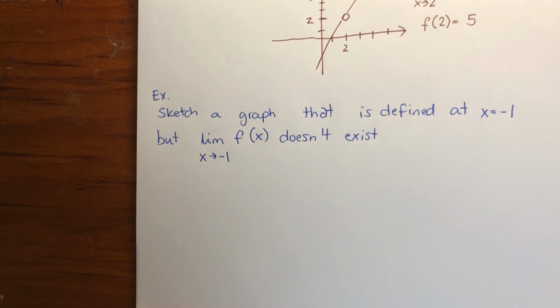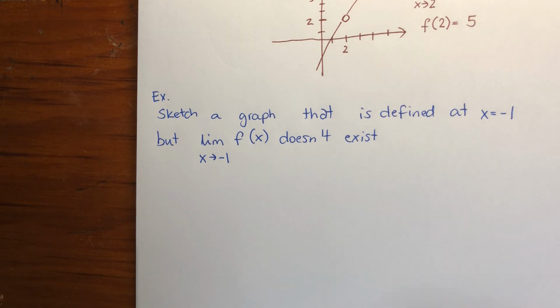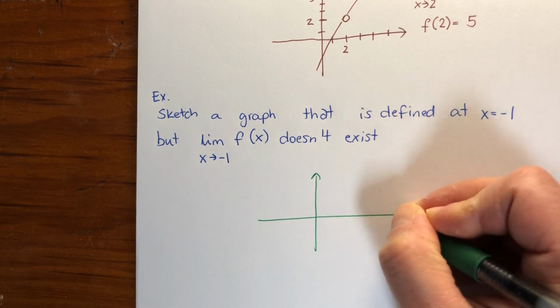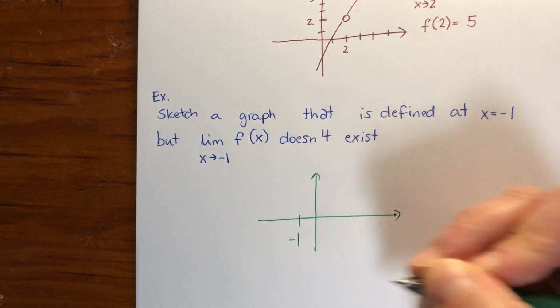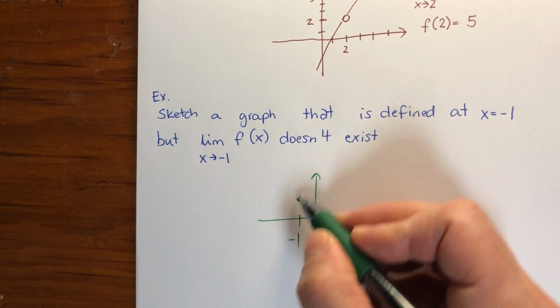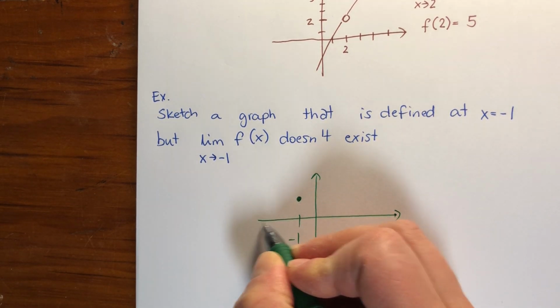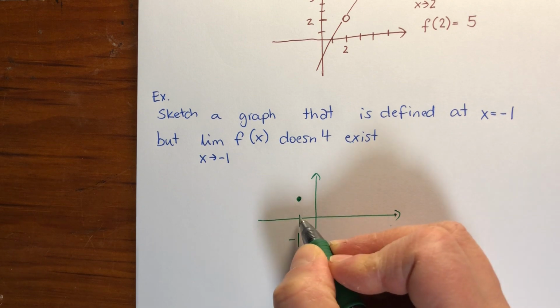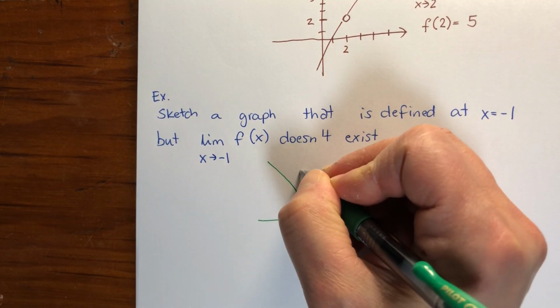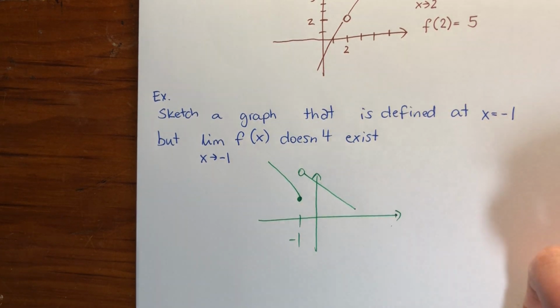We are going to sketch a graph that is defined at x is equal to -1, but the limit as x is approaching -1 does not exist. So at -1, we want the function to be defined, but we want, as it approaches -1 from left and right hand side, to be different. Well, I can do something like this, and I can do something like this.